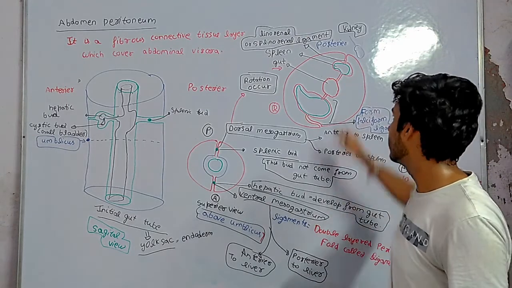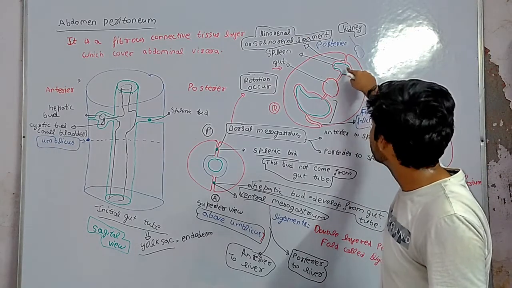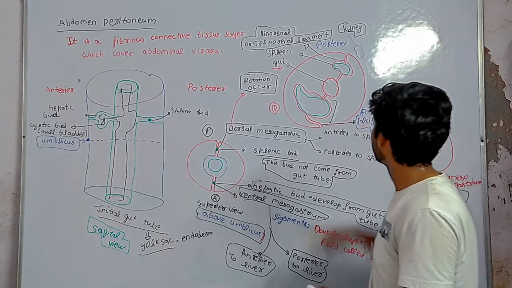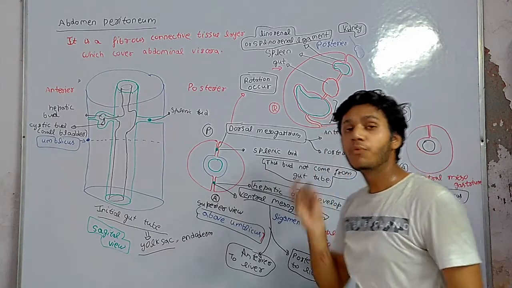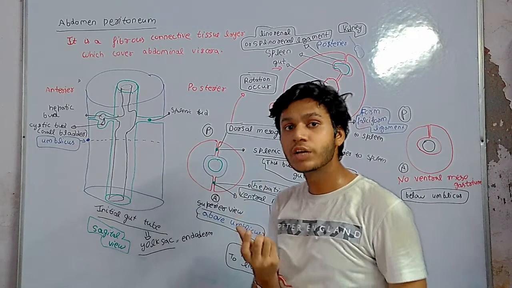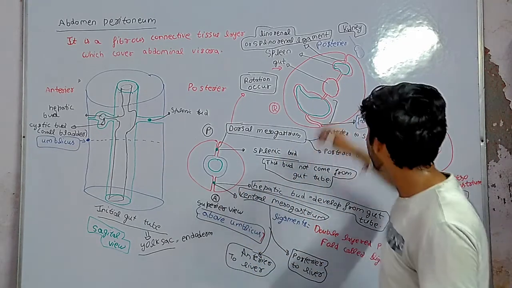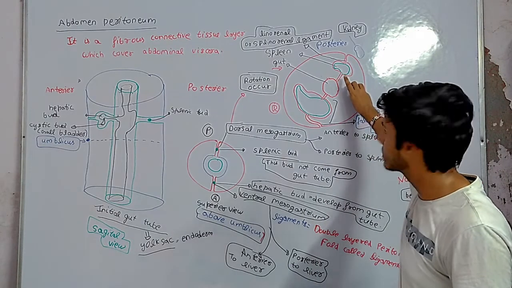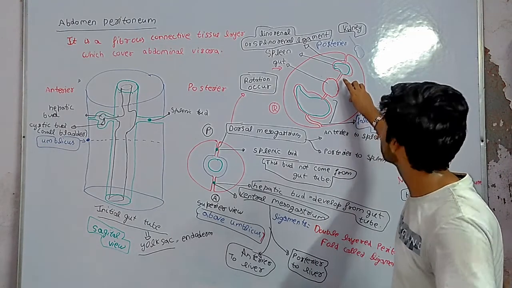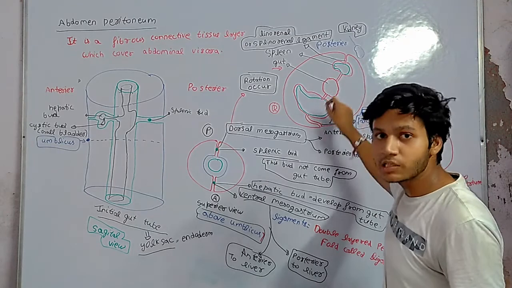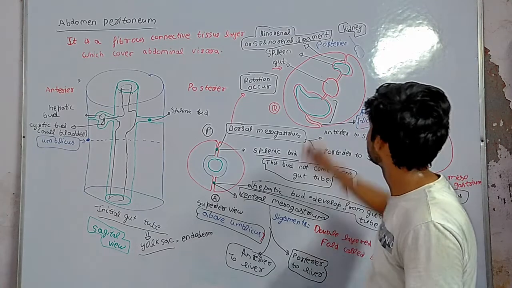Another ligament is present between the stomach and spleen. Remember, for the stomach we use the word gastric, and for the spleen we use splenic. One ligament formed from the anterior part of the dorsal mesogastrium is called the gastrosplenic ligament.